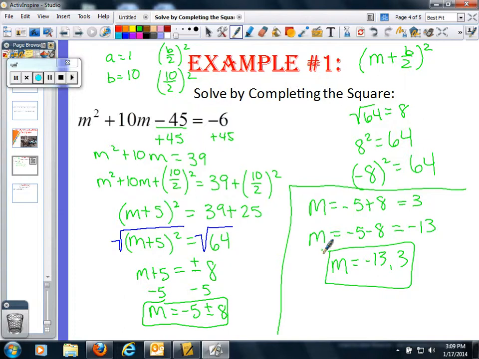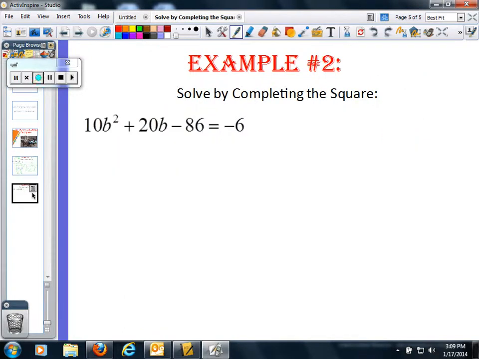Okay? Let's go ahead and look at example number 2 now. So again, we're going to start the same way. I'm going to move this to the other side, so I'm going to add 86 to both sides. This gives me 10b squared plus 20b equals 80.